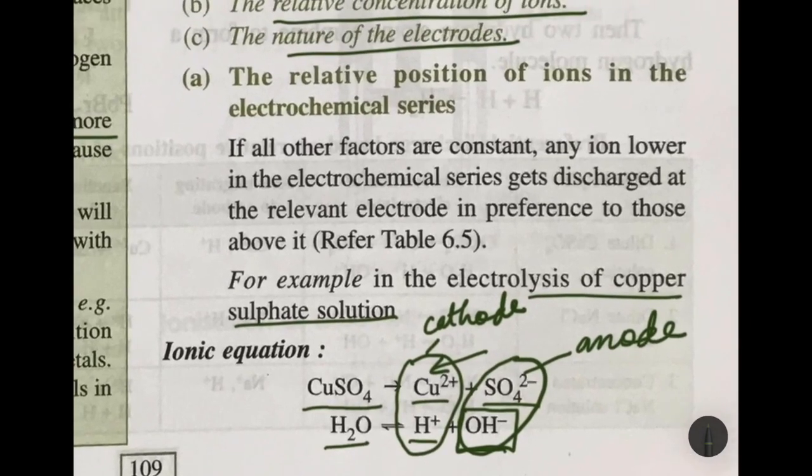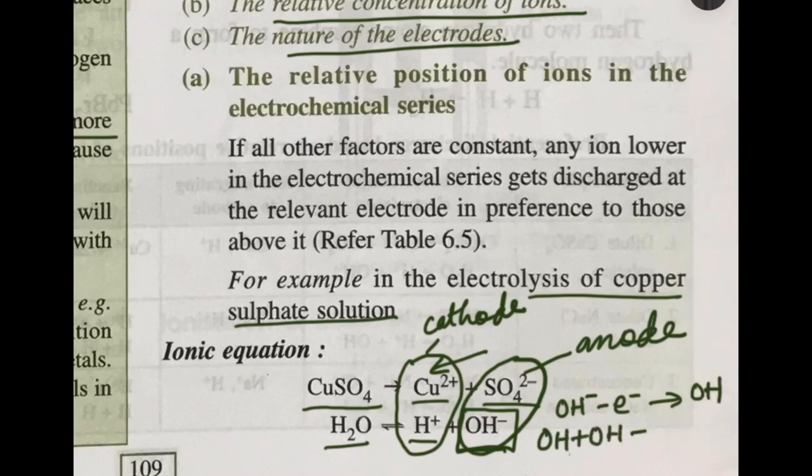So the hydroxyl ion will lose an electron and become OH. Two OH will come together to form water and one nascent oxygen, and two oxygen atoms will come together to form oxygen gas.